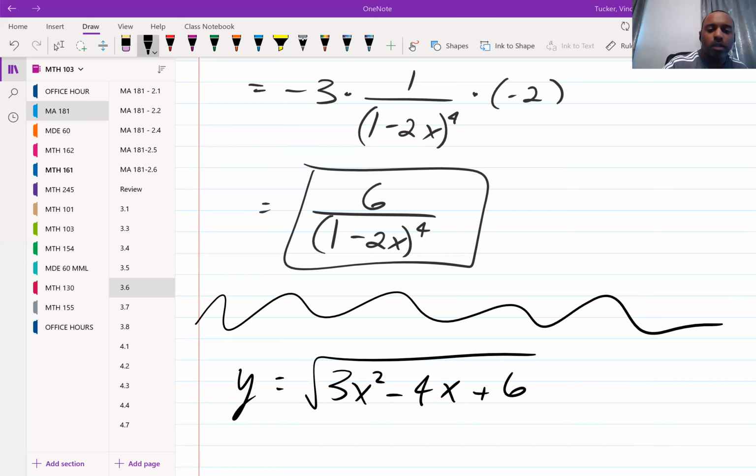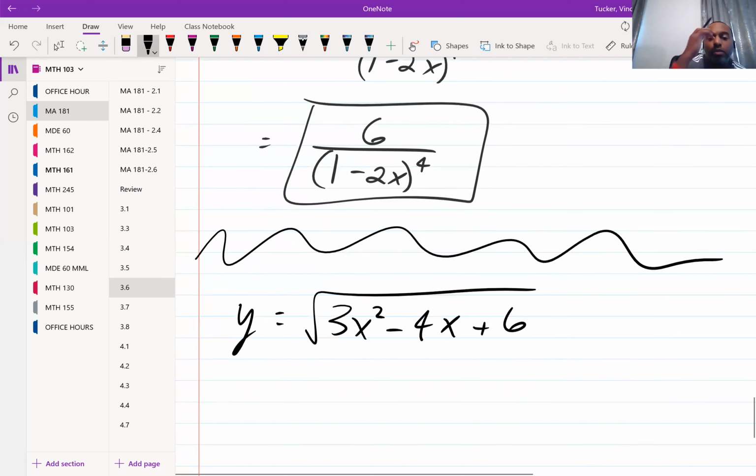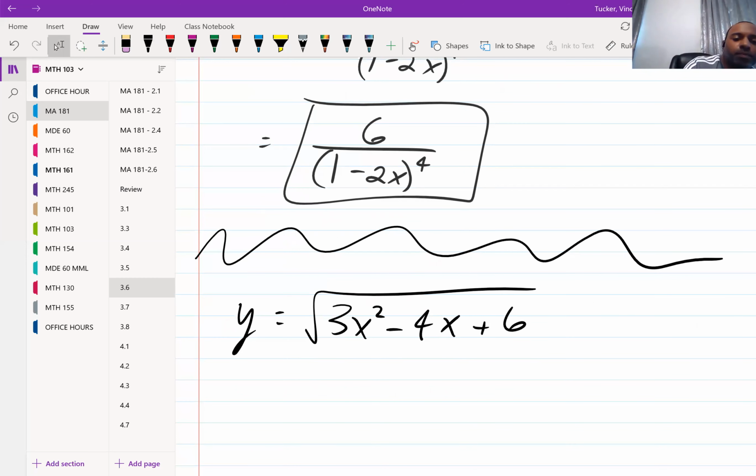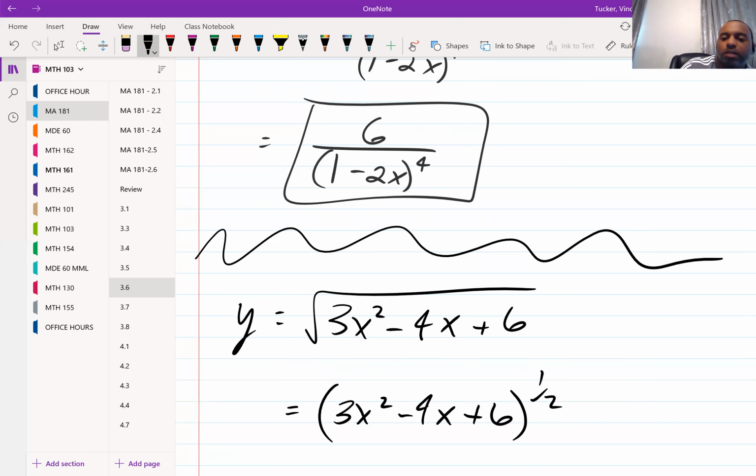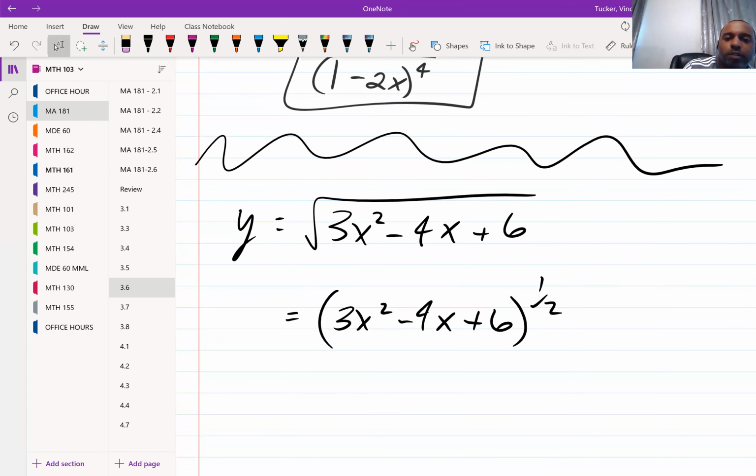Okay, it's right there. All right, so looking at the derivative of this one. Don't forget this square root is the same thing as 1/2 as an exponent.